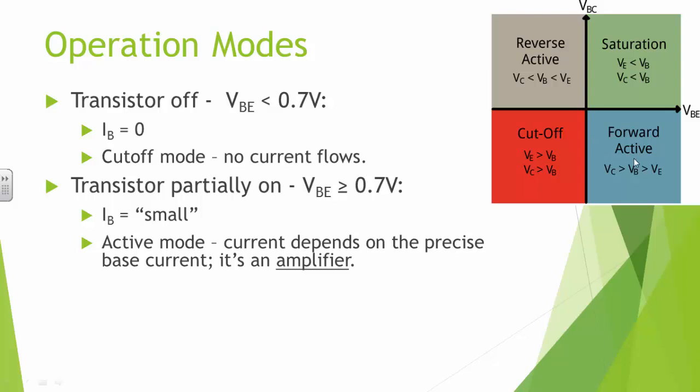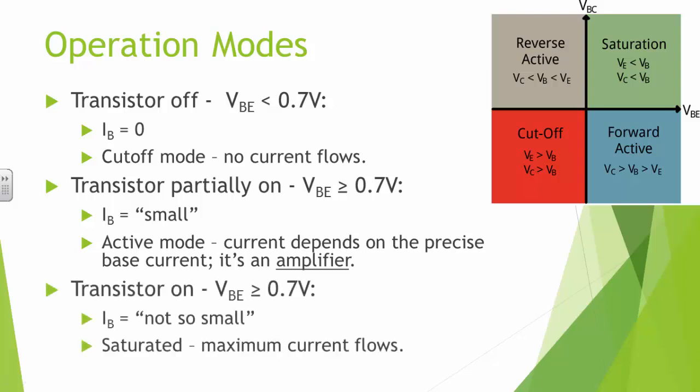It works like an amplifier. Now there's a different mode that we can talk about. This is a case where we have enough potential to make the transistor work, but we increase the current to a relatively high level.